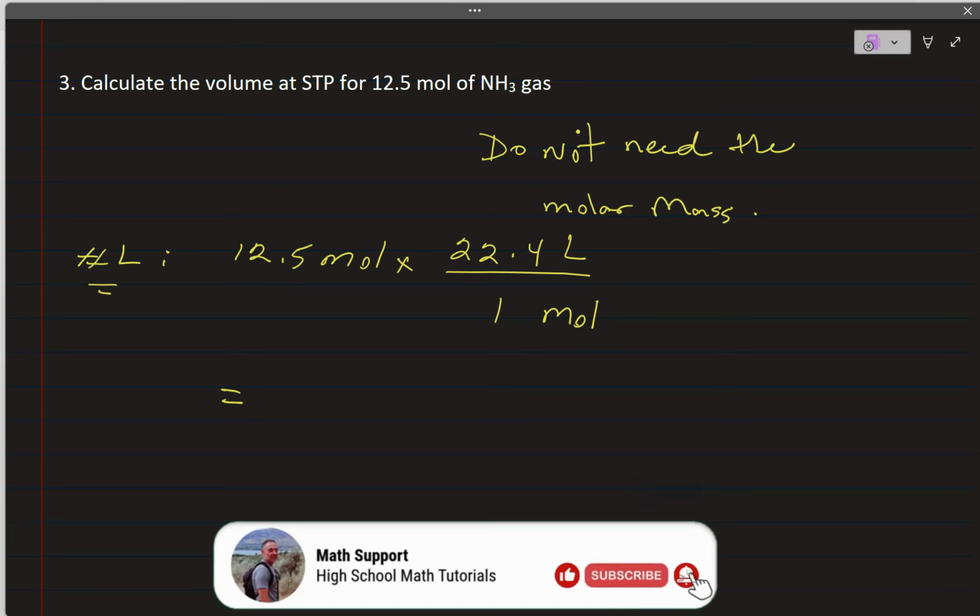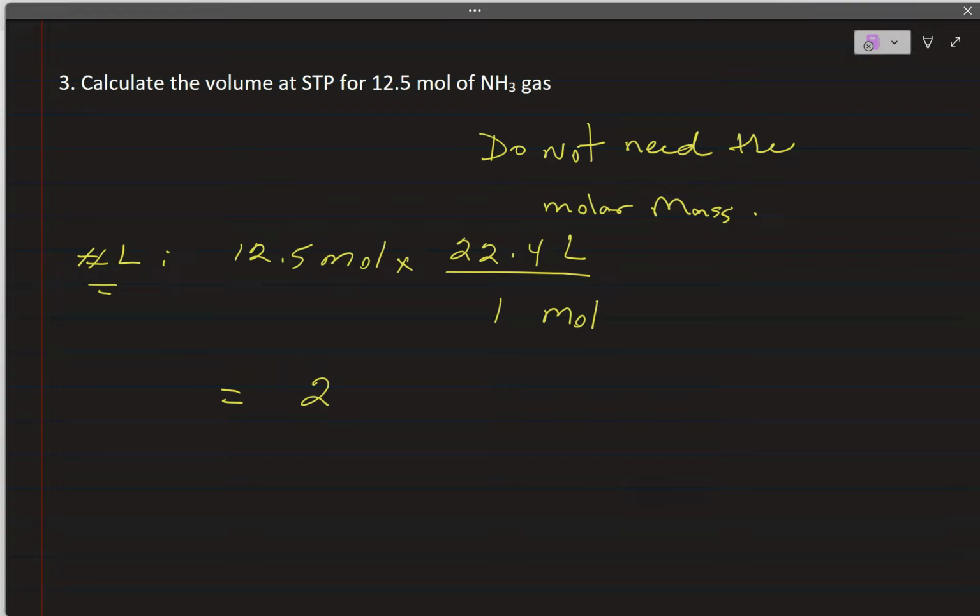You need 12.5 times 22.4, that's 280 liters of NH3, ammonia gas. Okay, 280 liters. Very nice.